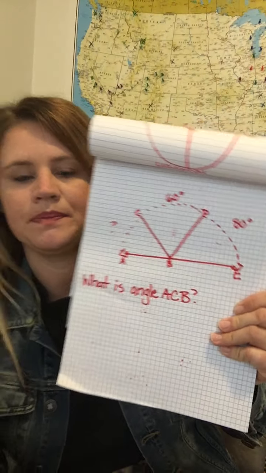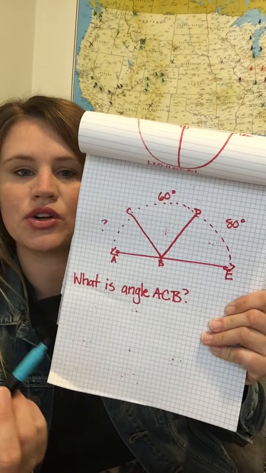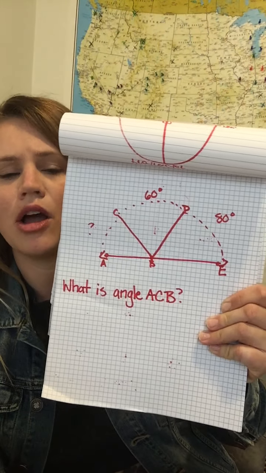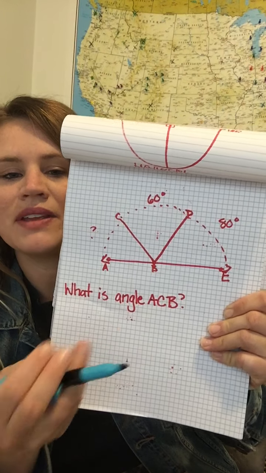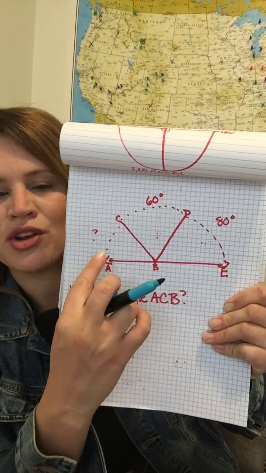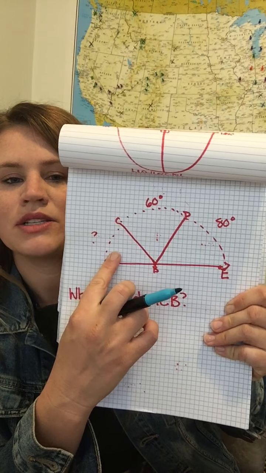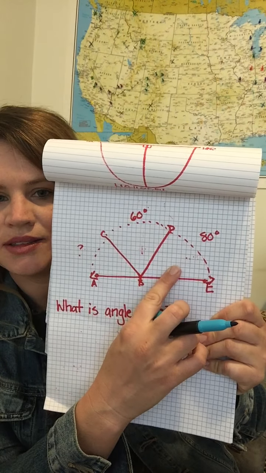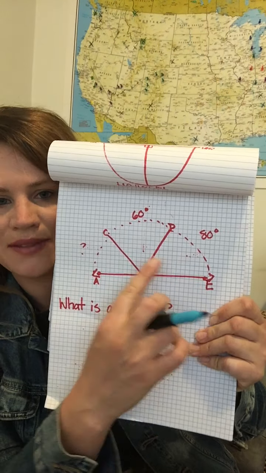So this time, it's a larger problem, still using 180 degrees, but it's a little bit more complicated. So now I've given you two parts of this whole angle, and you're going to have to find the missing part. So I gave you 80 degrees, I gave you 60 degrees, but now you have to find what is this angle.